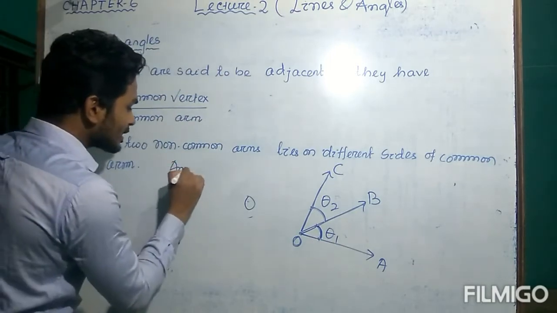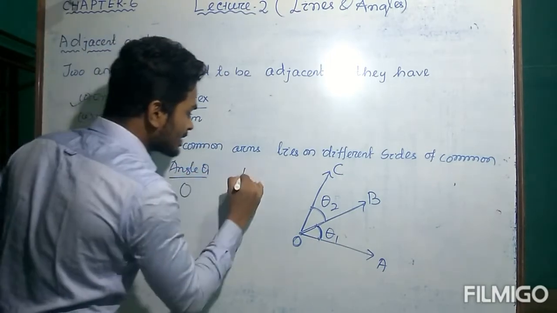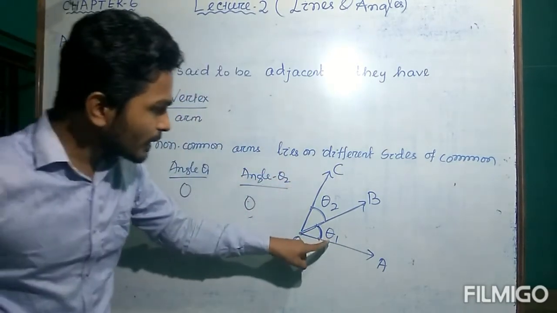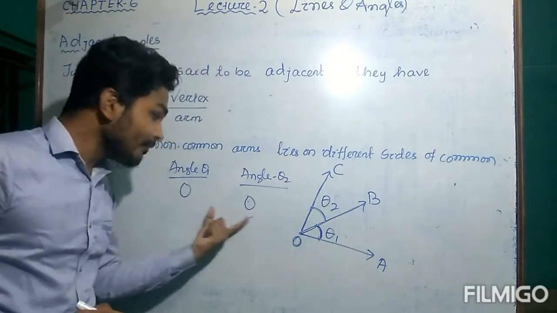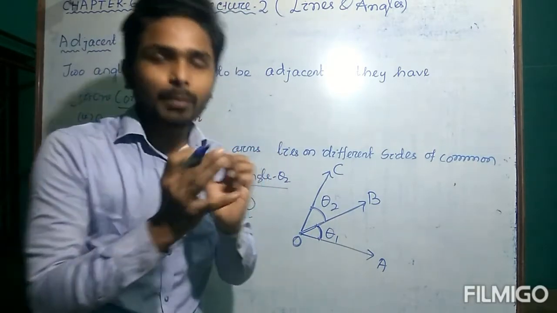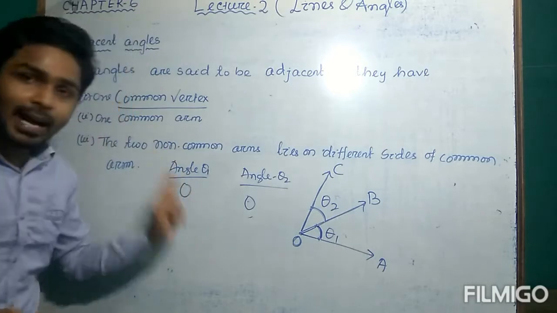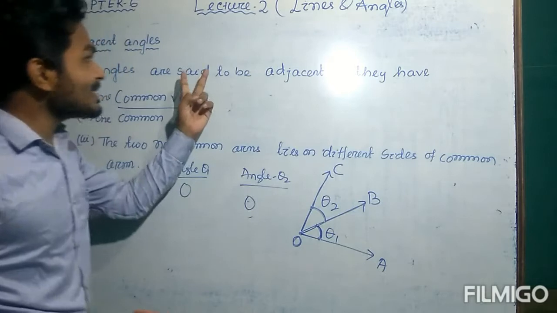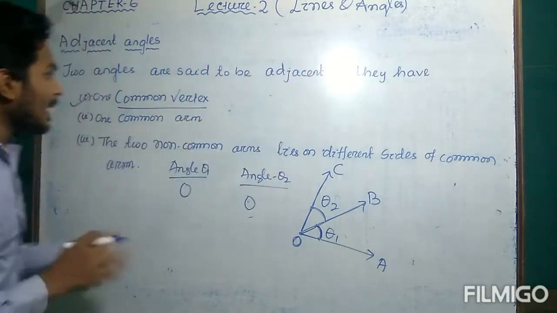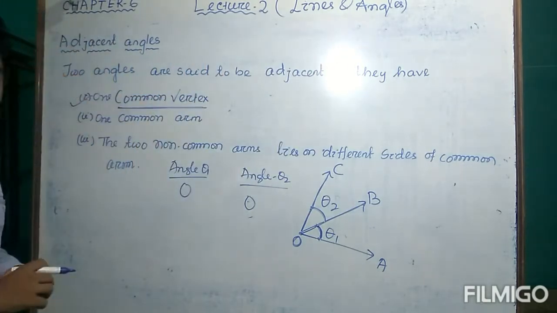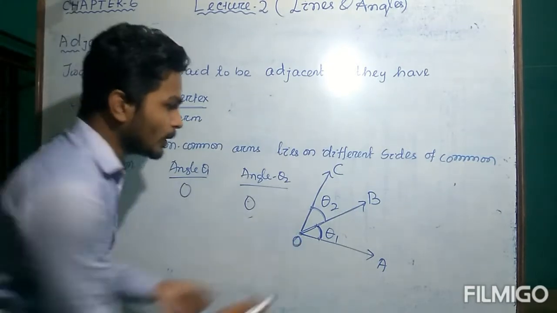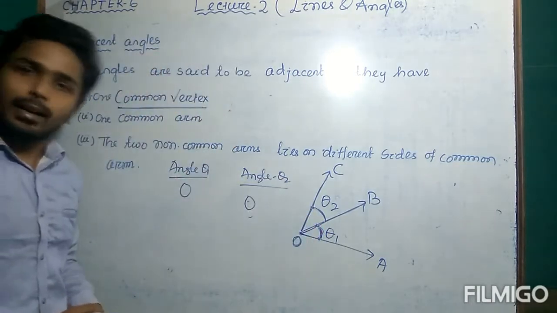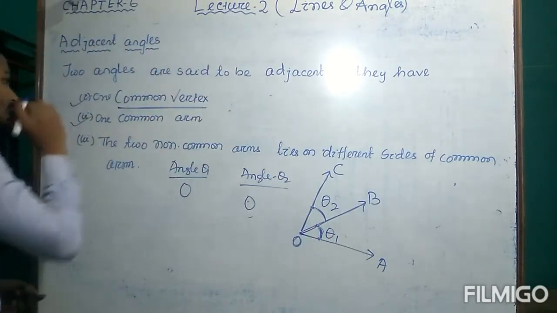So for both theta 1 and theta 2 we have the same, common vertex. This is the first condition of adjacent angles: two angles are said to be adjacent if they have a common vertex. That means one vertex should be common to both angles. Understood?